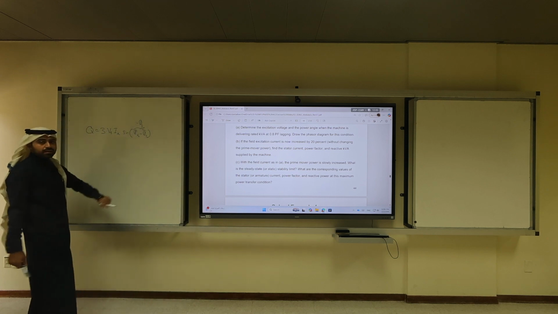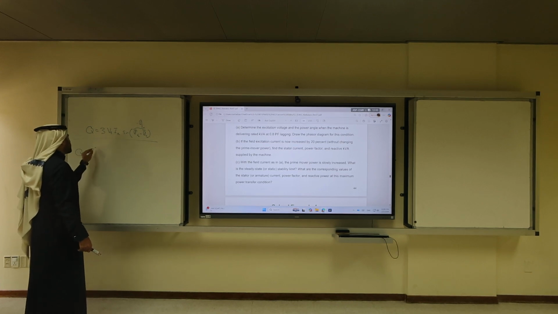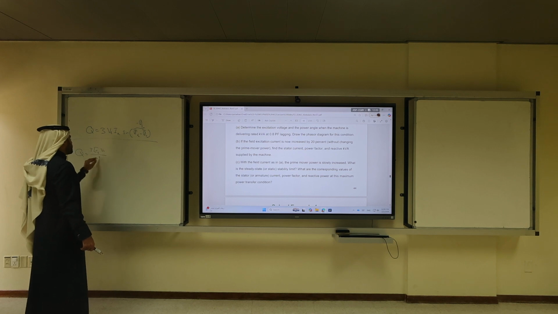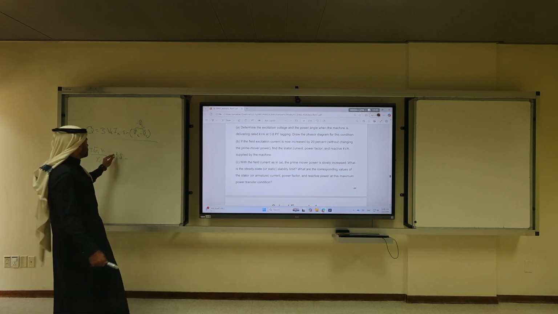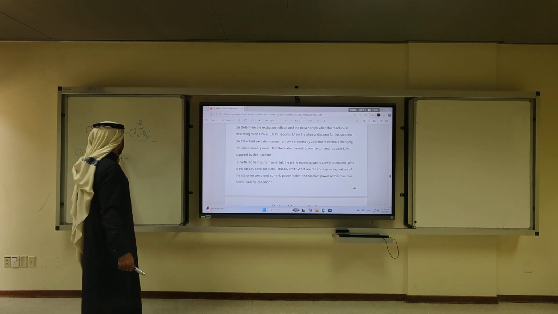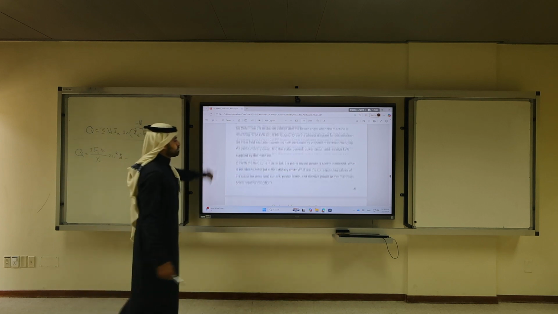The other equation is the one that has 3 E VT over XS cosine delta minus, no, not square. Theta minus. I think theta minus.